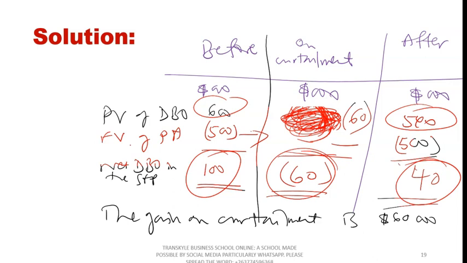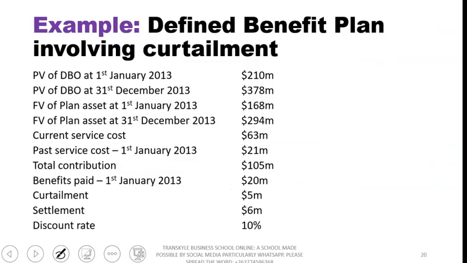So we have made a gain of $60,000. Let's try this other example and see if we can make sense out of everything here. I think we're going to rest our case after this example.